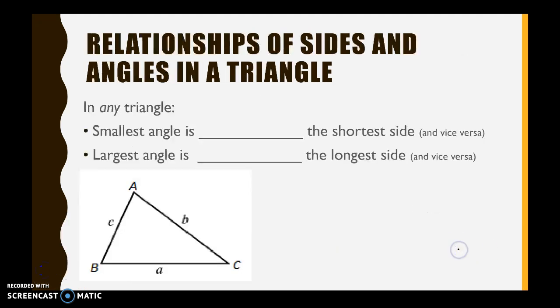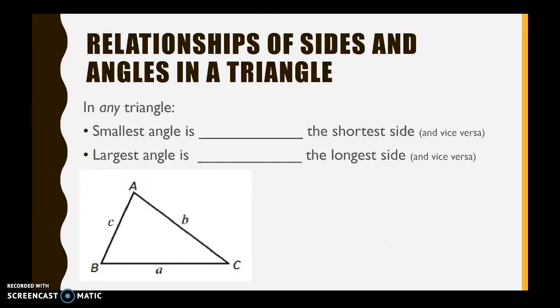All right. And then the last slide, I think, yeah. The relationships of sides and angles in a triangle. And we'll do examples of these after we get to discuss this a little more at length. In any given triangle, the smallest angle is always opposite the shortest side.